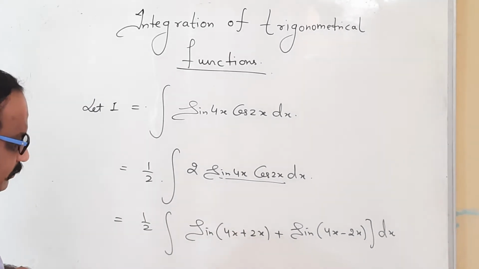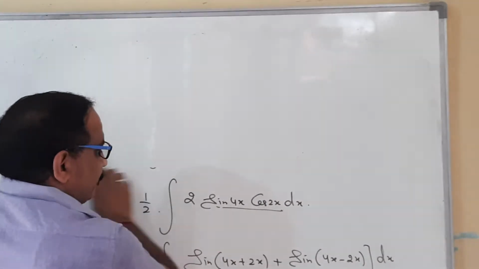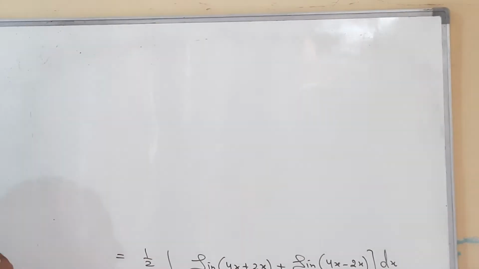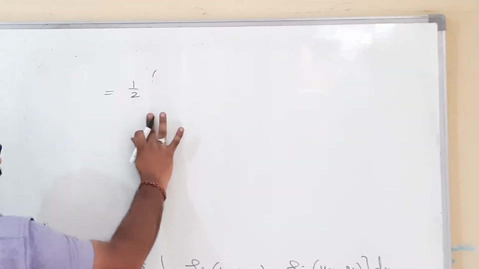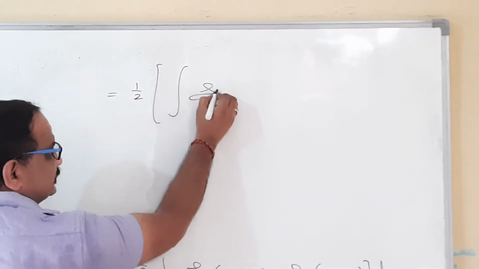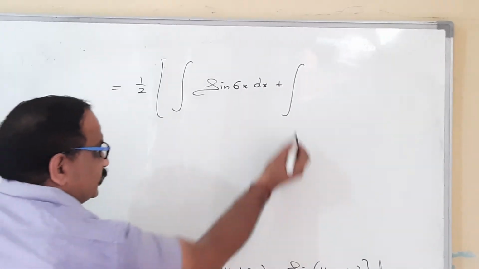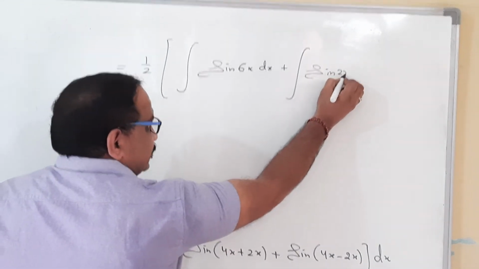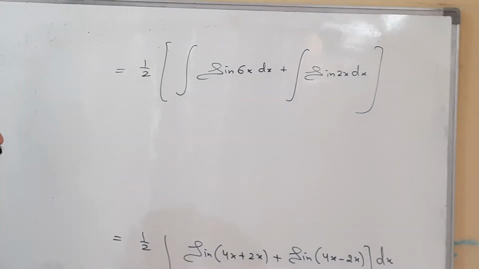Now further, this will be half integration of sine 6x dx plus sine 2x dx. And now we are able to put the formula individually for both of them.